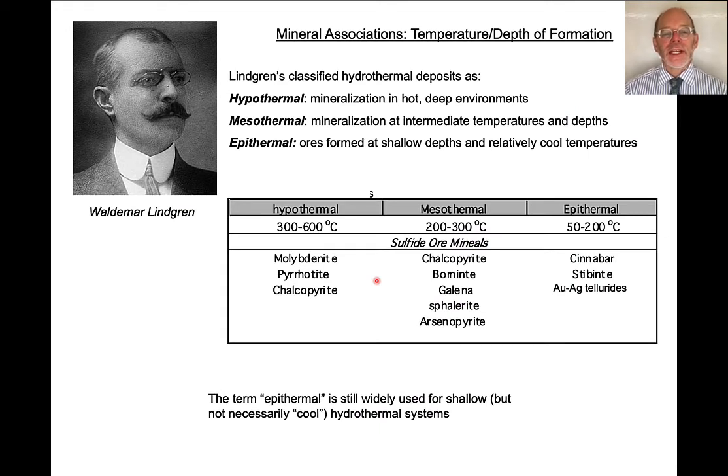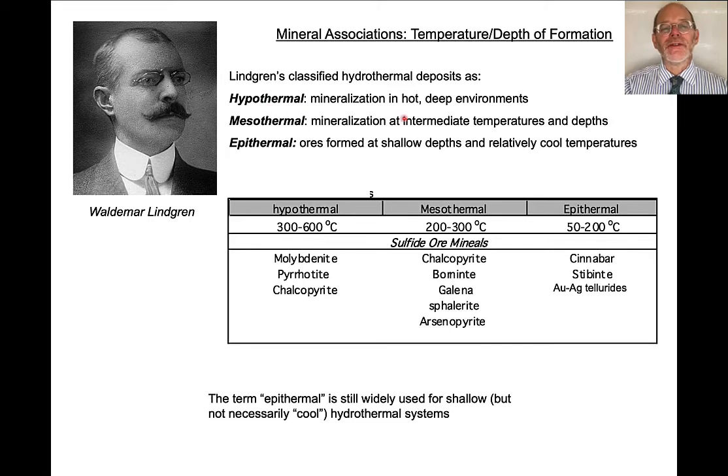To begin the discussion of porphyry copper deposits, I wanted to mention the work of Lindgren. Lindgren was an economic geologist who worked at the turn of the 20th century, and he classified hydrothermal deposits into three types: hypothermal, mesothermal, and epithermal, depending on what he interpreted to be the depth of deposit.